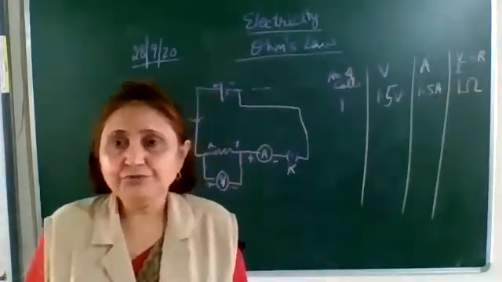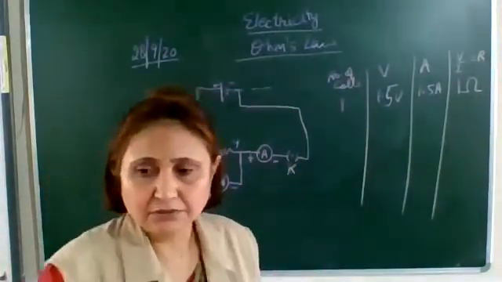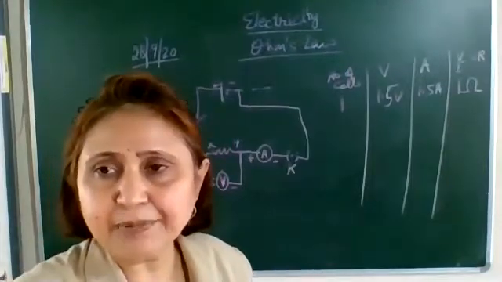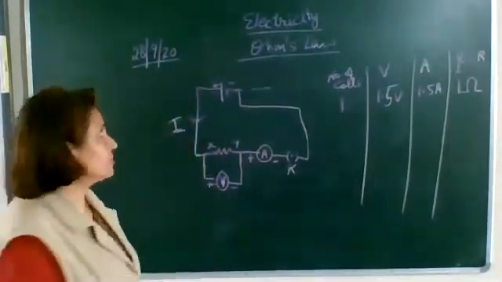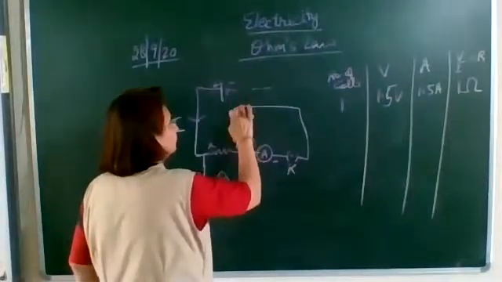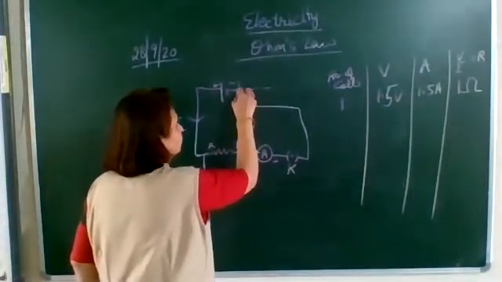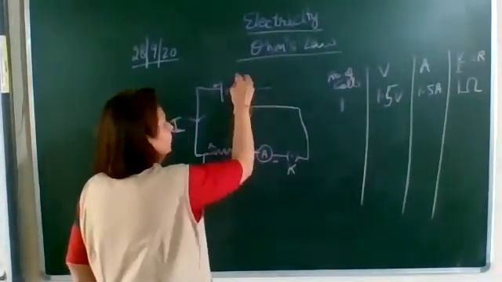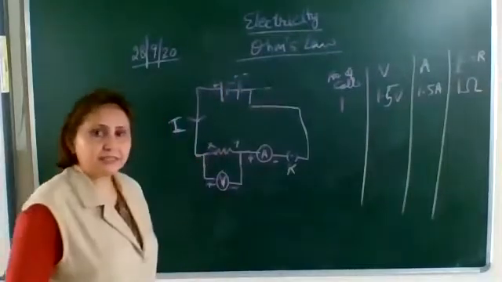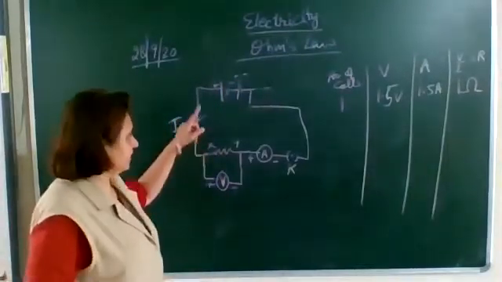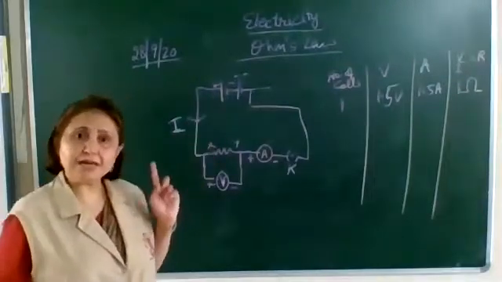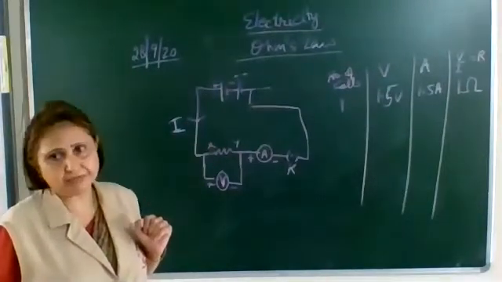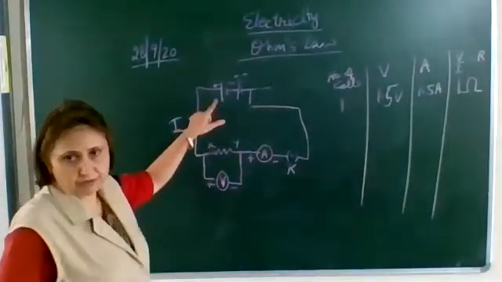Now we connect two cells in series, that becomes a battery. Each cell is of 1.5 volt. Now how many cells are in the circuit? Two cells are in the circuit. So the potential difference given by this battery will be 1.5 plus 1.5, that is 3 volt.